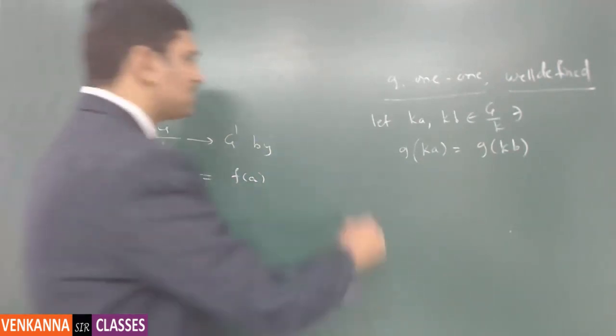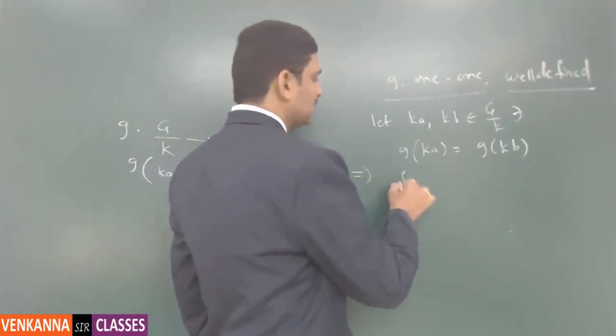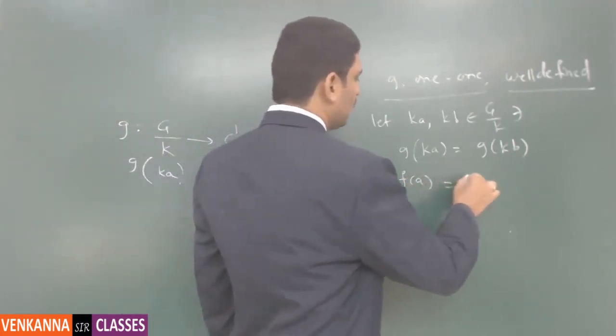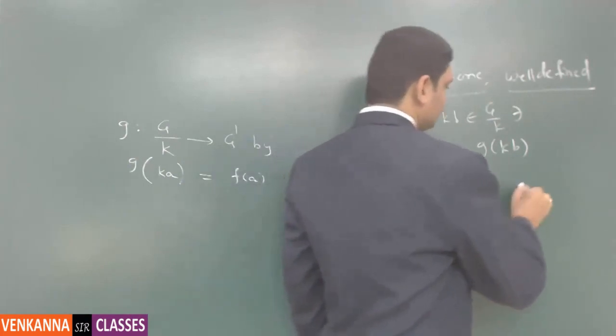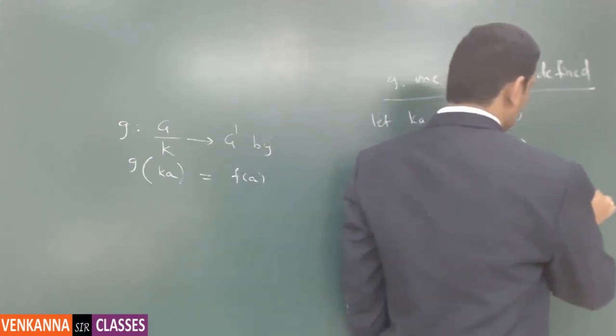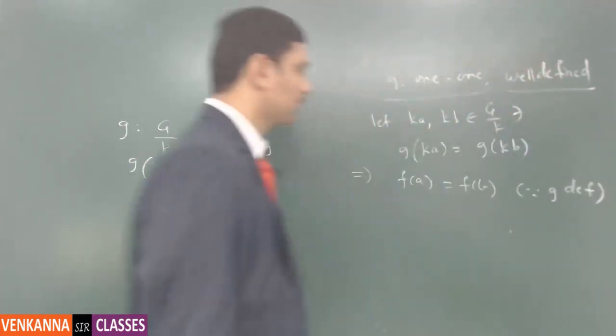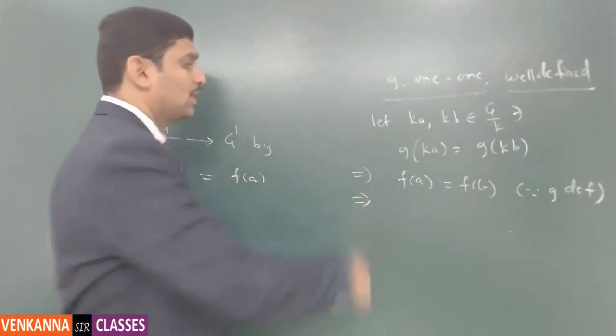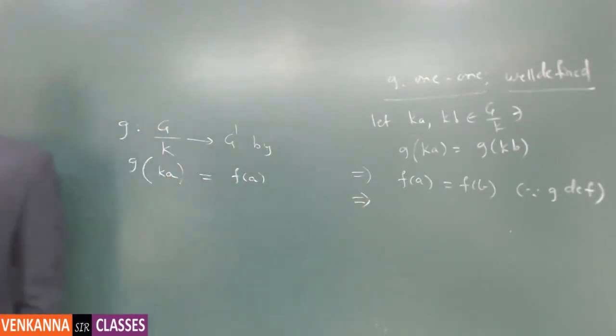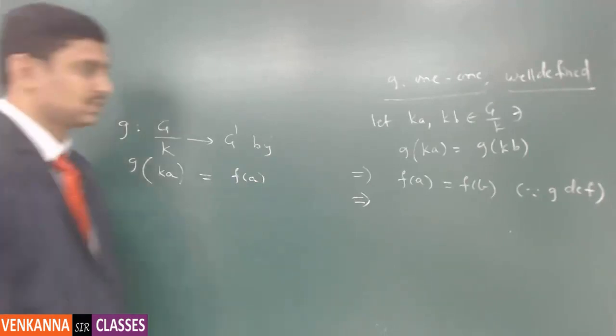From the definition of g, you can write f of a equal to f of b. Now for this relation, I am multiplying both sides with f of b inverse.